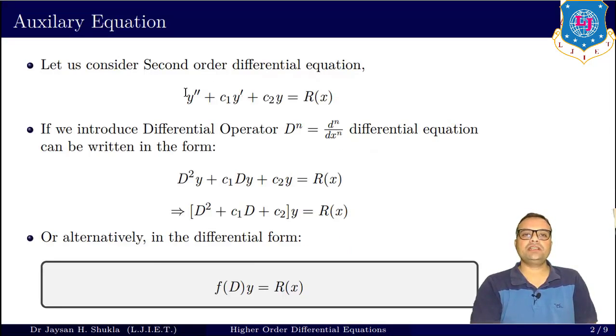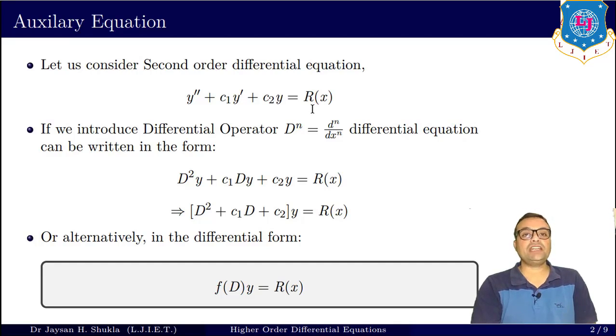As usual, I am considering for reference a second order differential equation of the form y double dash plus c1 y dash plus c2 y equal to r of x. Y depends on variable x, c1, c2 are arbitrary constants, and r of x is a random function of x.